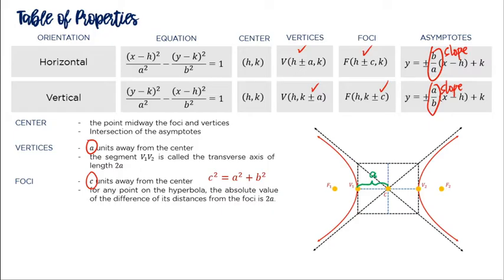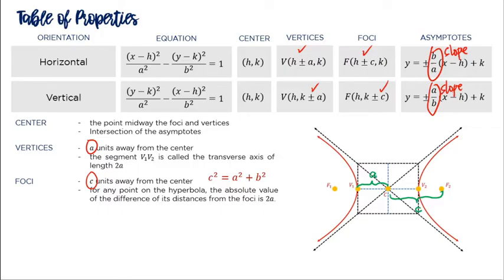C squared is equal to A squared plus B squared. So you just need the values of A and B to solve for C. Mamaya malalaman natin kung ano yung B. Okay? But the foci, again, are C units away from the center. So, meaning, center to one focus is just C. Okay?